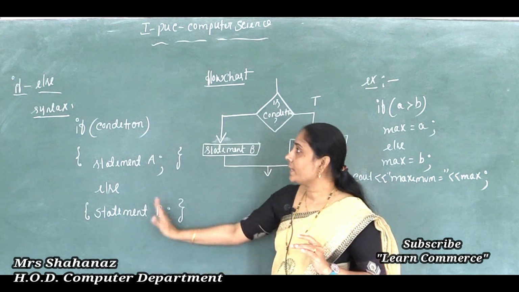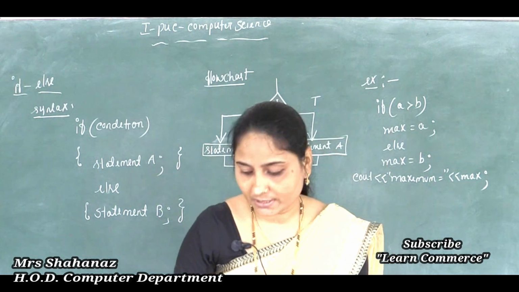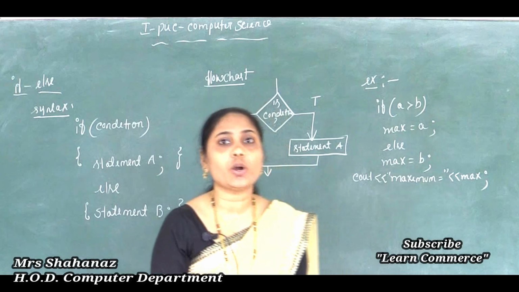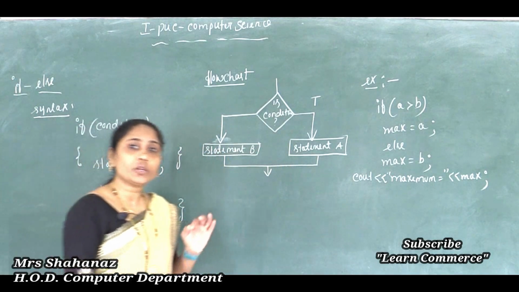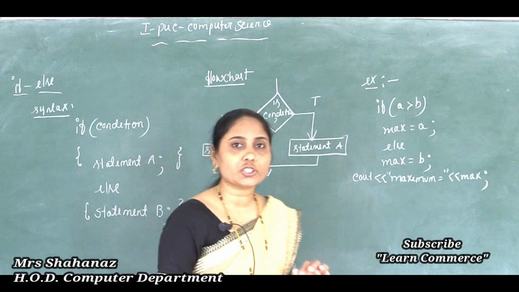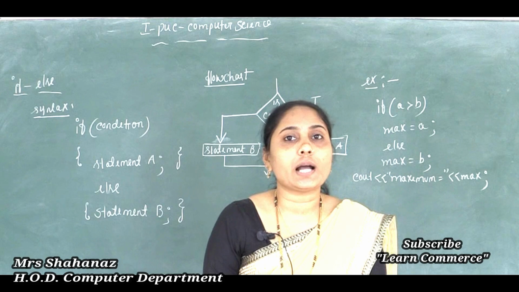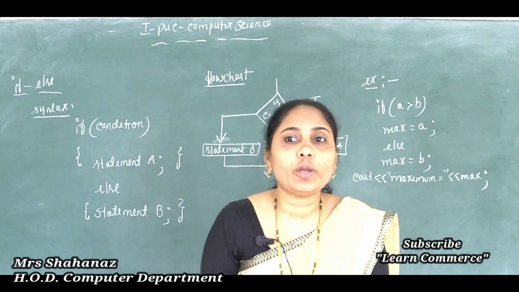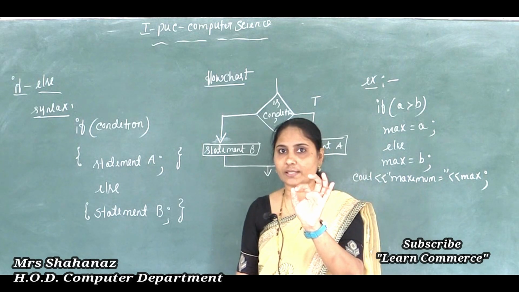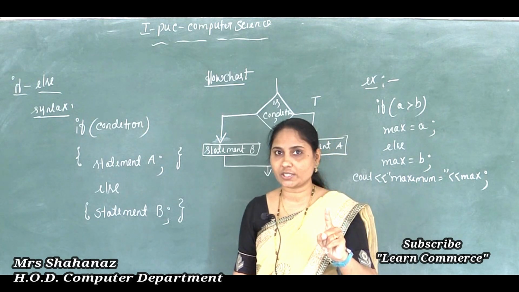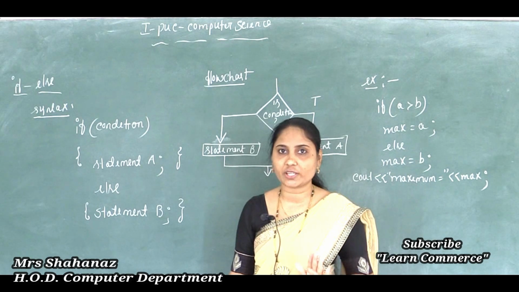So this is about our simple if here. Now let's go to the next point, our if else. Clear this point here? If else is a very important concept also. So what about the if else concept? Here we can say that this construct is also called the two-way branch decision structure. Simple if is called the one-way branch decision structure. We know why it is called the one-way branch decision structure.